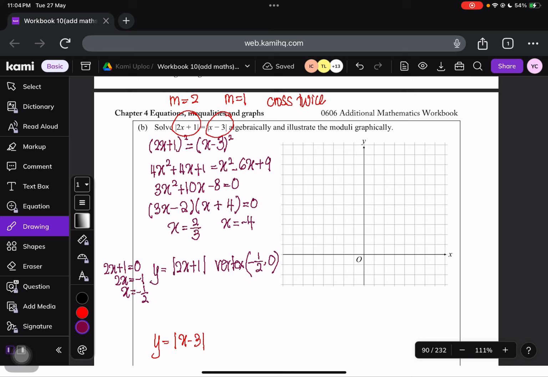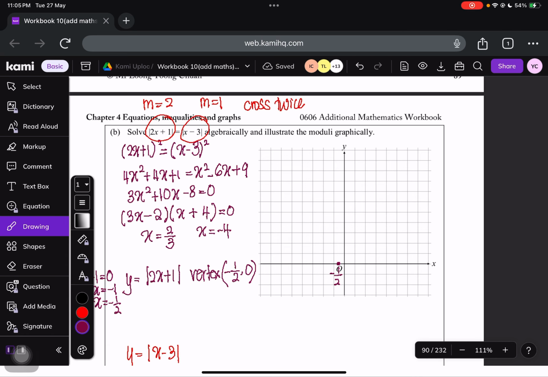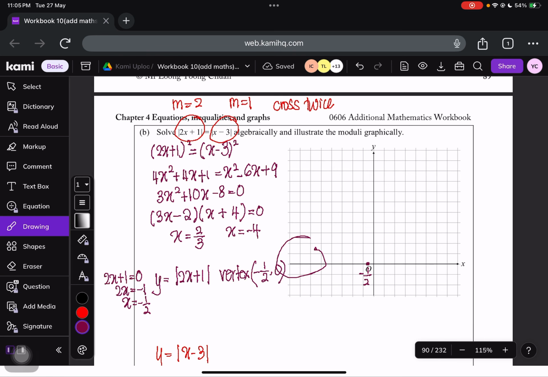So we know that the point we are talking about is here. Negative 1 over 2 is somewhere around here. Then you will choose one point on the left and one point on the right. Any point you like. On the left, maybe I choose negative 3, so x equals negative 3.